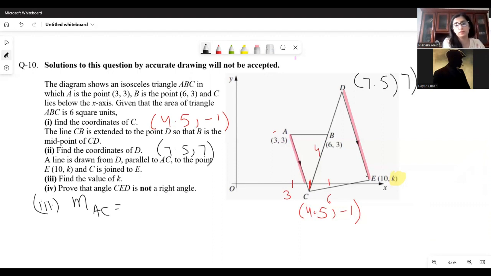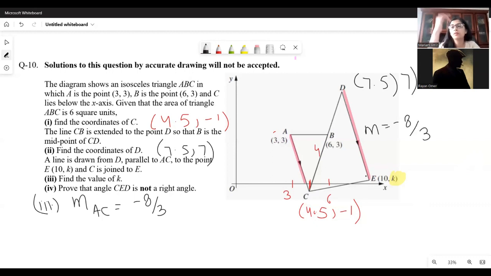What's the slope of AC? It's coming -8/3. -8/3. So DE is going to have the same slope, -8/3.